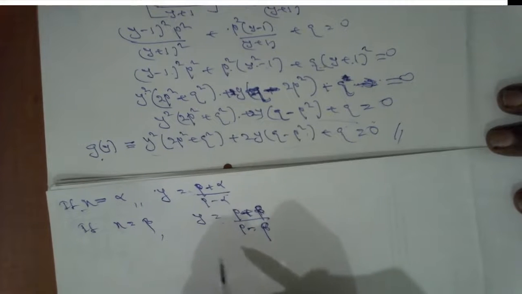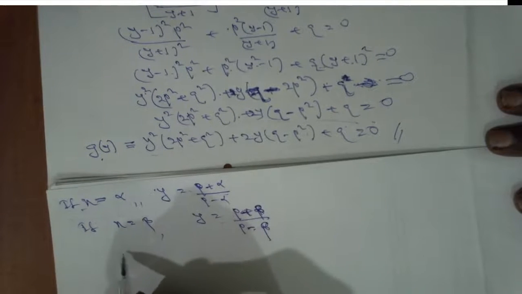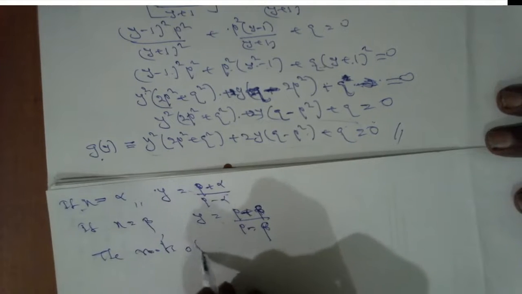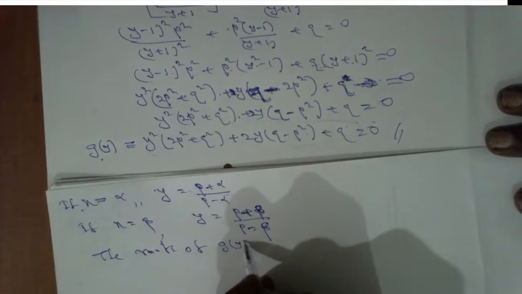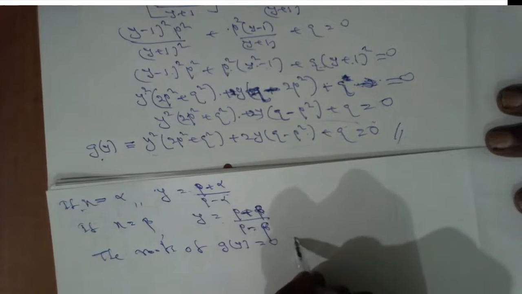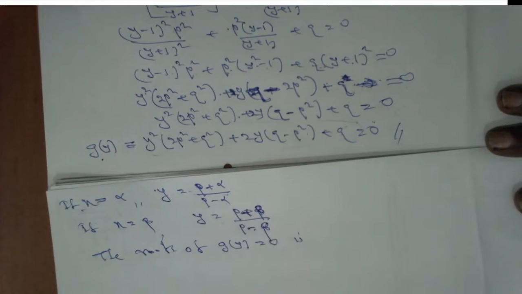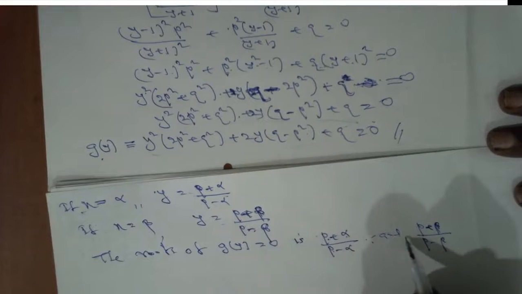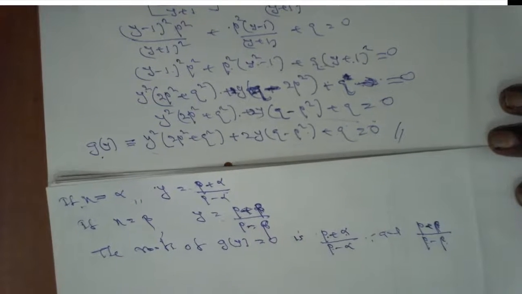Is it clear? Therefore, the roots of g(y) equals 0 are p plus alpha over p minus alpha or p plus beta over p minus beta.